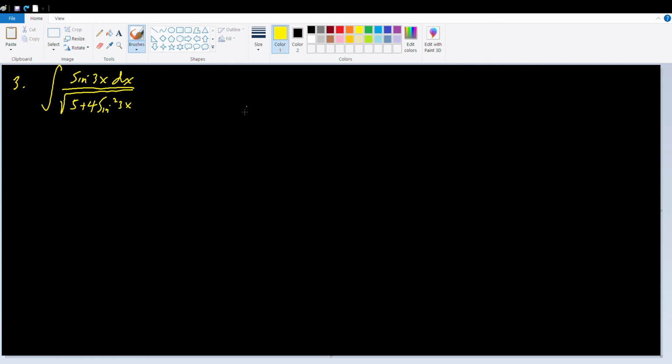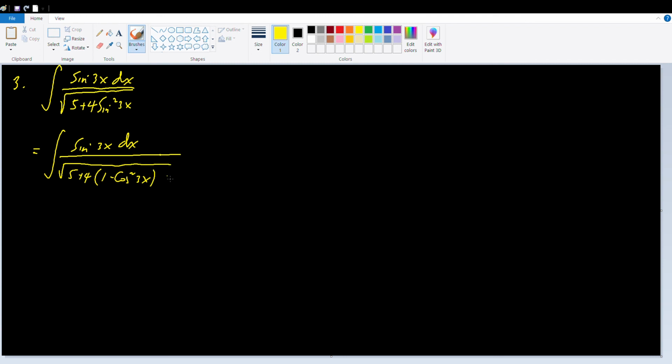And we know that the appropriate identity for that is 1 minus cosine squared 3x.